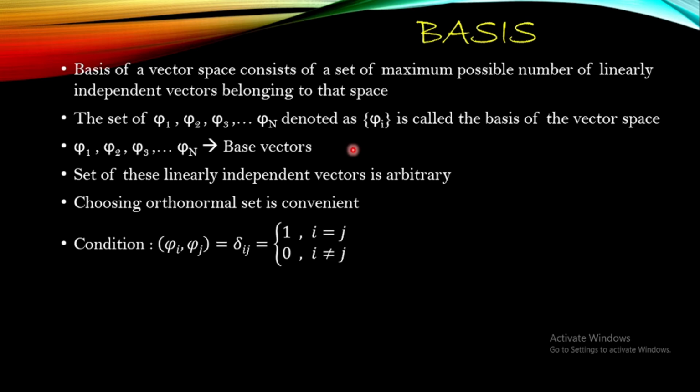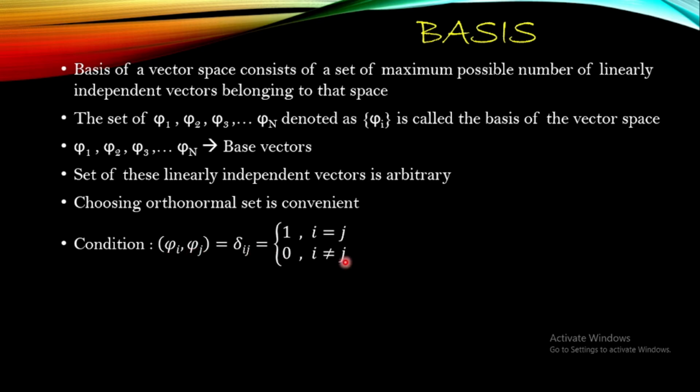The relation, or the condition, is that the inner product of the components, that is phi i with phi j, is equal to delta ij, where delta ij is the Kronecker delta function, which will be equal to 1 if i is equal to j, that is for the same basis vectors, and it will vanish if i is not equal to j.